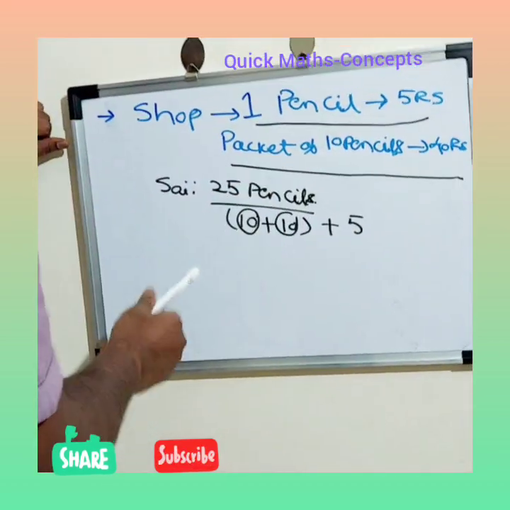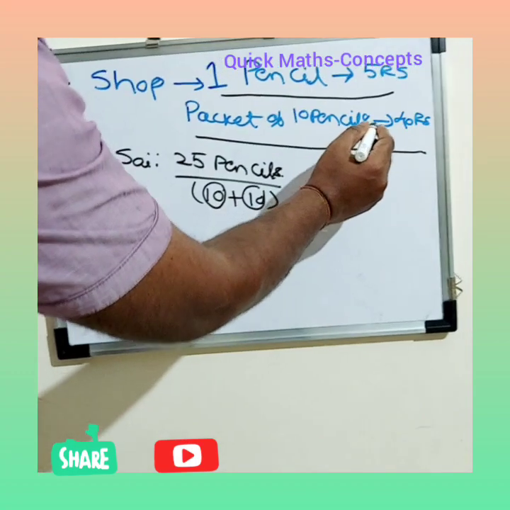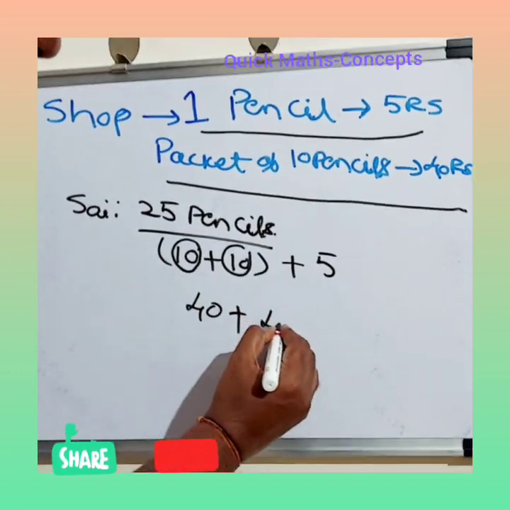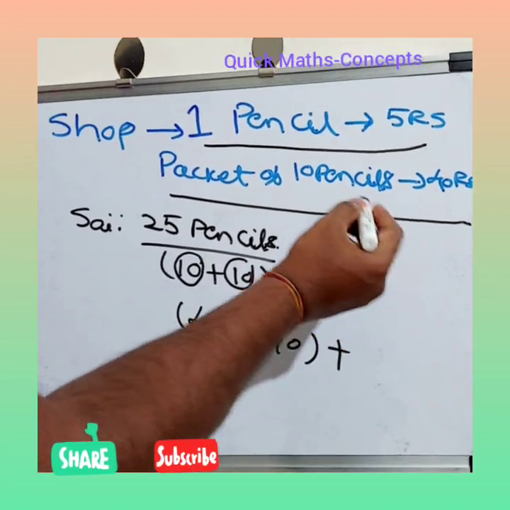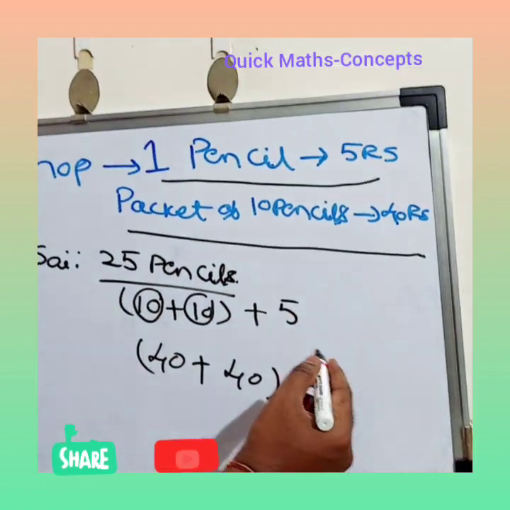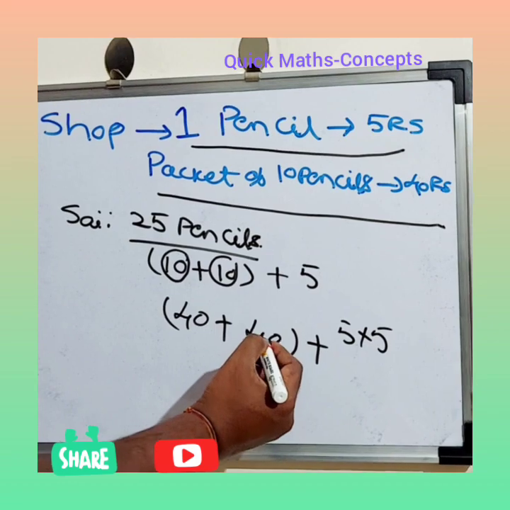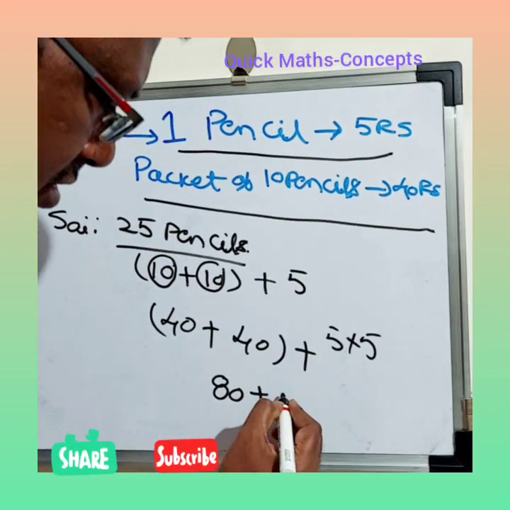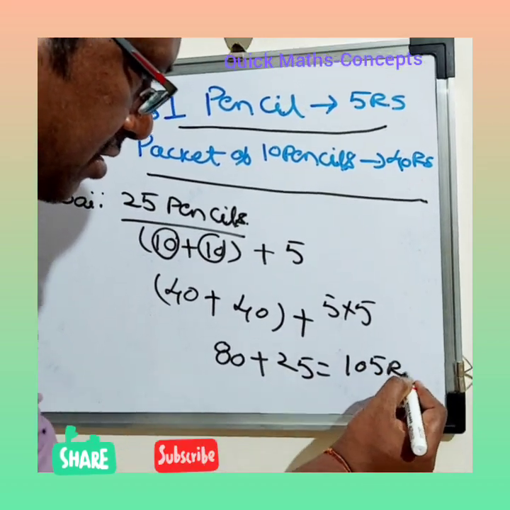A packet of 10 pencils costs 40 rupees, plus 40. The next 5 pencils are purchased individually, so each costs 5: 5 into 5 is 25. 40 plus 40 is 80, plus 25. So the answer is 105 rupees.